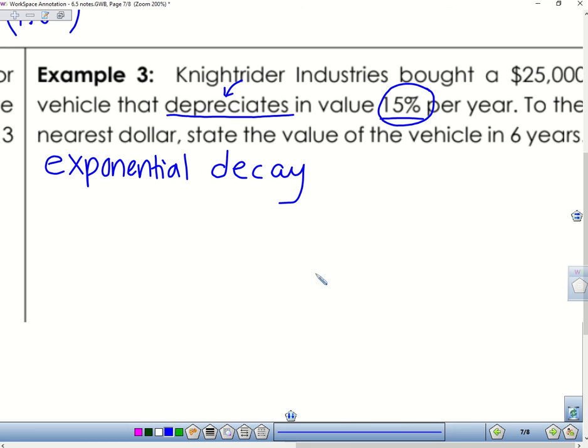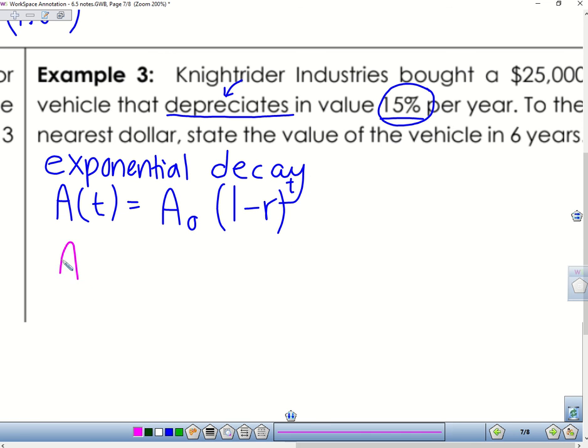So we're going to use the exponential decay formula, which is A of t is equal to a sub 0 times 1 minus r to the t power. So that's the formula we're going to be using, and we're going to plug in for all of the different variables here. And don't forget to make sure that your rate matches your units.